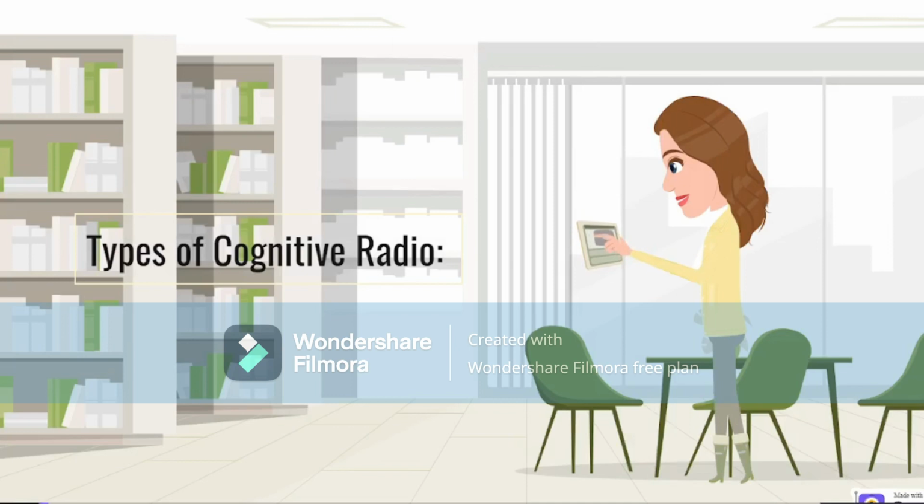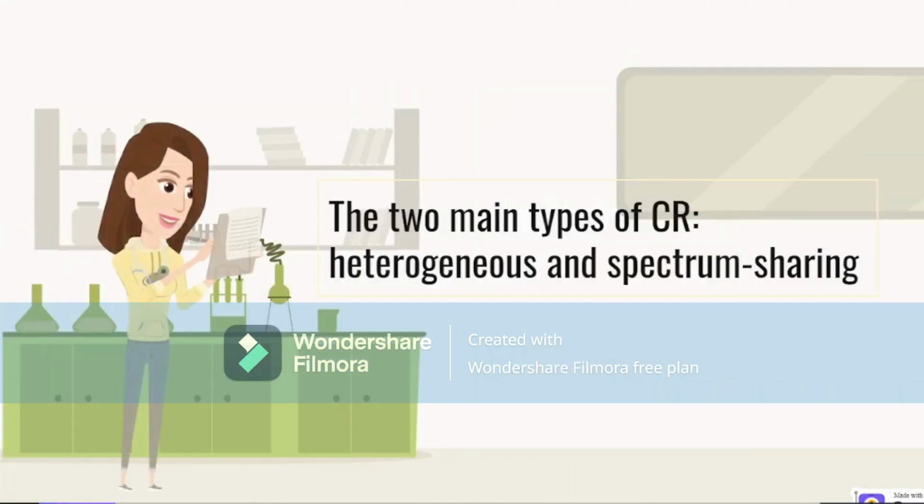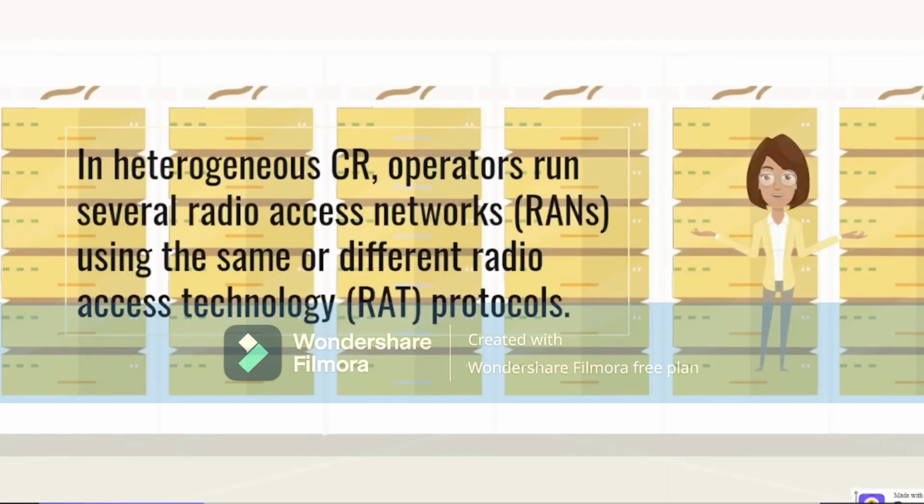Types of cognitive radio. The two main types of CR, heterogeneous and spectrum sharing. In heterogeneous CR, operators run several radio access networks, RANs, using the same or different radio access technology, RAT, protocols.